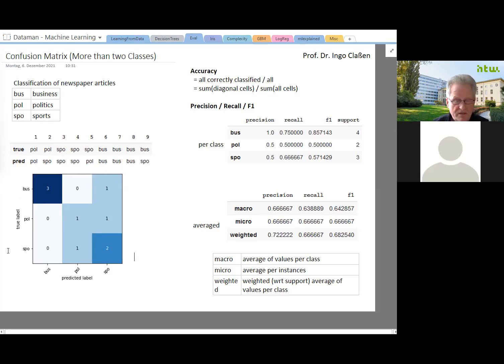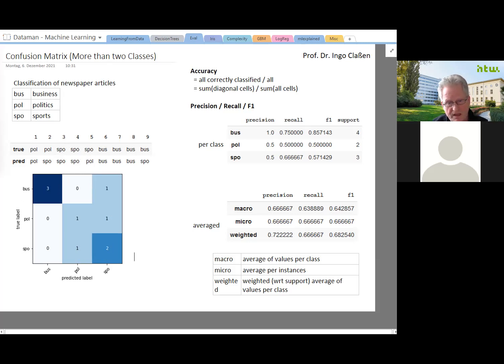So we can, for example, calculate all those that were sports and have been predicted as sports. If we take all those that have been sports, these were the 3 ones here, as you see. Among those 3, 2 we have predicted as sports and 1 we have predicted as politics. So this was a sports article and we have predicted it as politics.